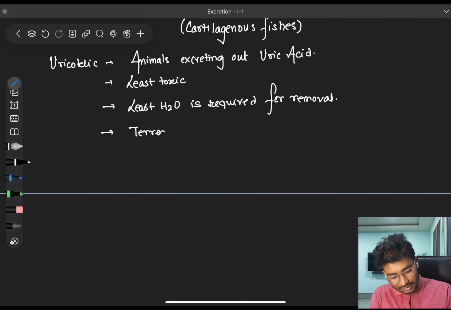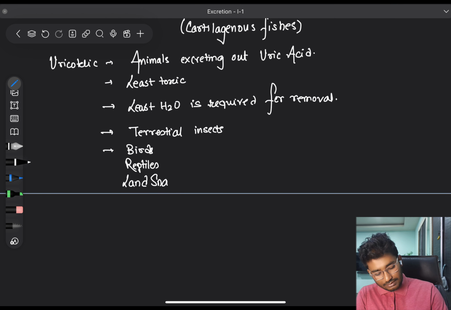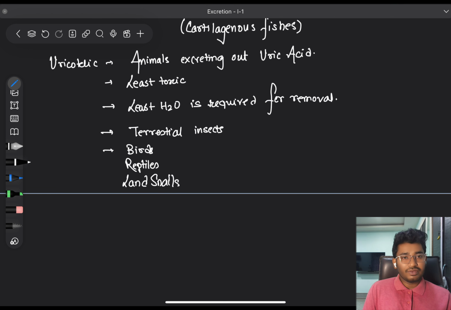Examples are terrestrial insects, birds, reptiles, land snails, etc. These animals excrete uric acid.